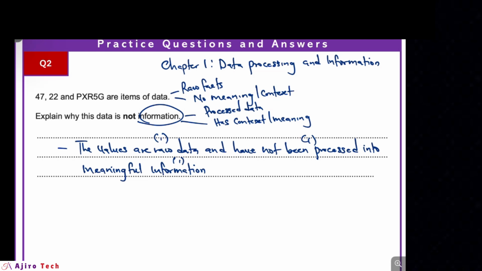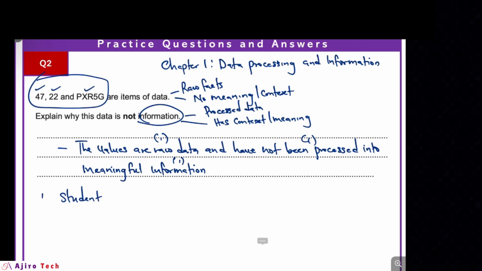Now, these are the examples of the data: 47, 22, and this code. If we are to turn this into information, what would it be? It could be student scores.